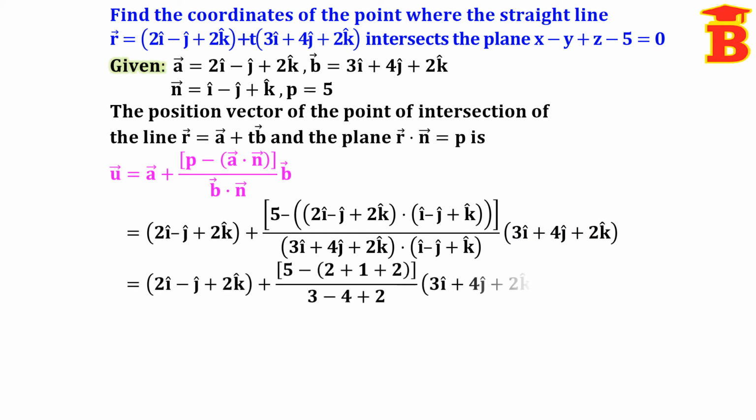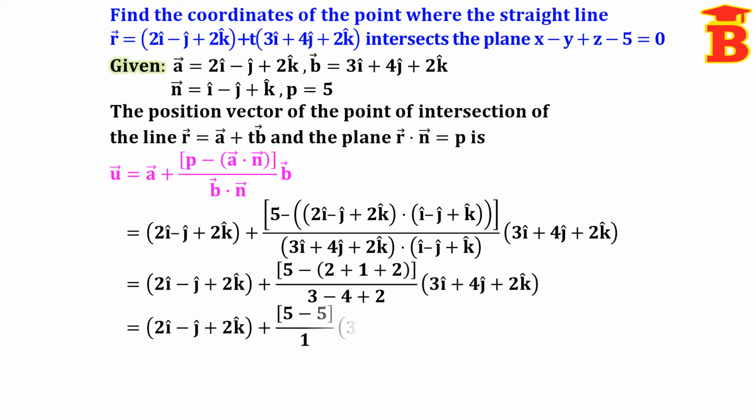Now this is equal to 2i minus j plus 2k plus 5 minus, taking dot product of this, 2 into 1 is 2, minus 1 into minus 1 is plus 1, 2 into 1 is 2, divided by denominator also we have to take dot product, that is 3 into 1 is 3, 4 into minus 1 is minus 4, 2 into 1 is 2, into 3i plus 4j plus 2k.